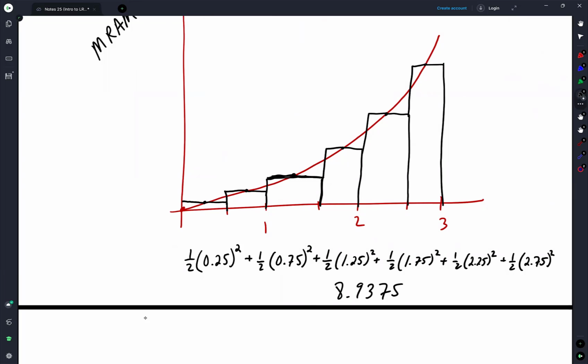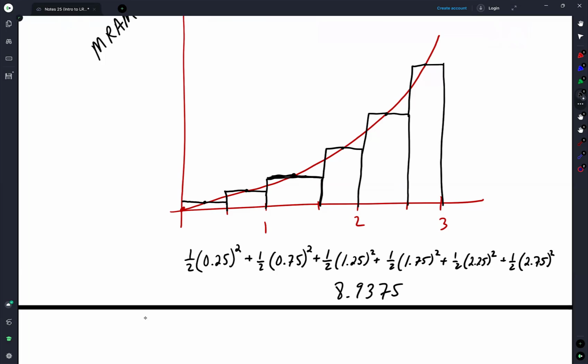Do you guys want to approximate what you think the real value is? Is it pretty close? Yeah, it's 9. Now, hold on, before everyone's like, how do you know? Let me show you. Let's put a thought in here. If I put more and more rectangles, will my approximation get better? Ready for this, guys?